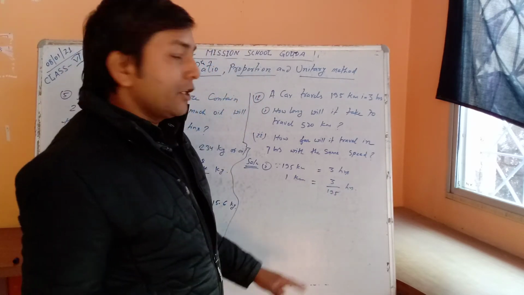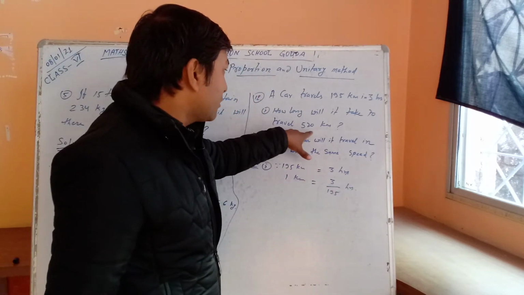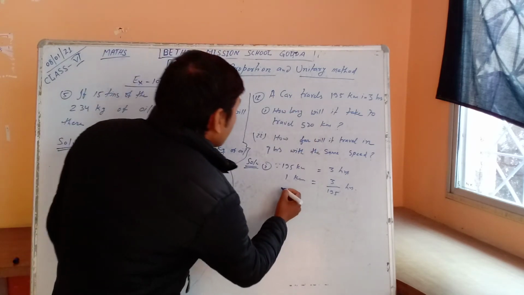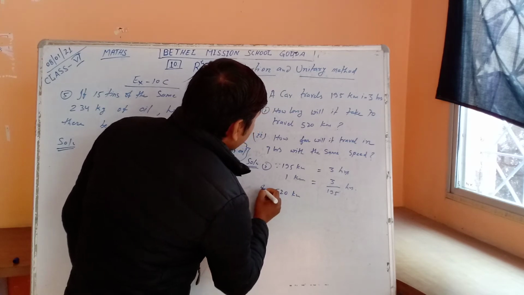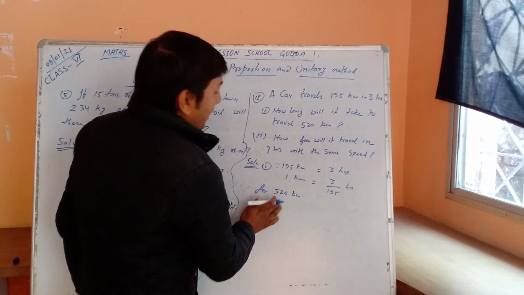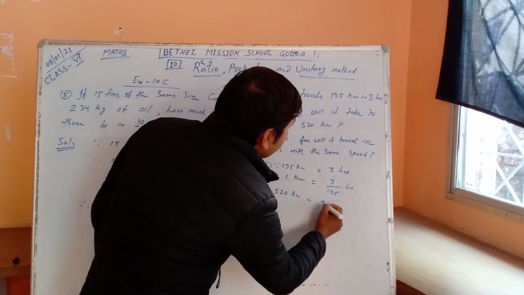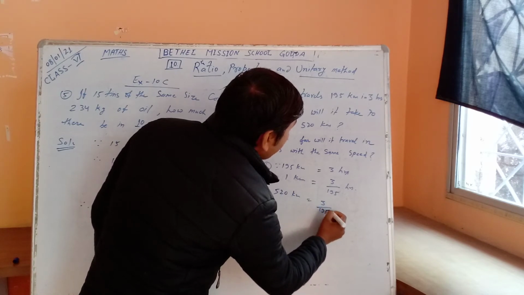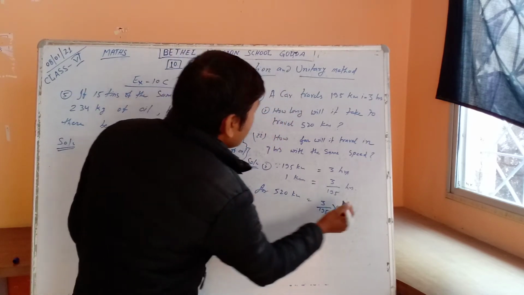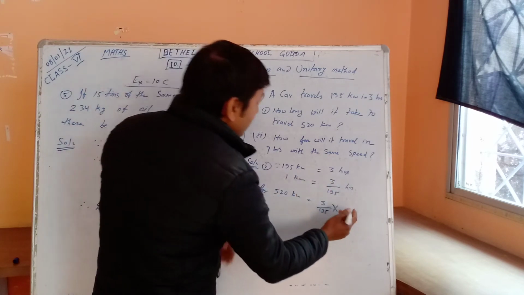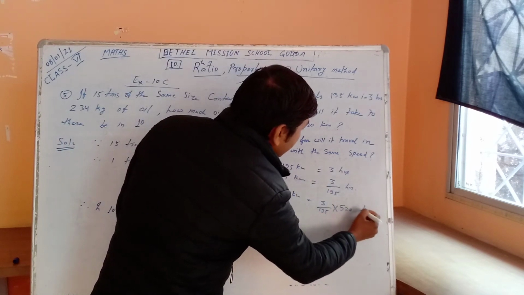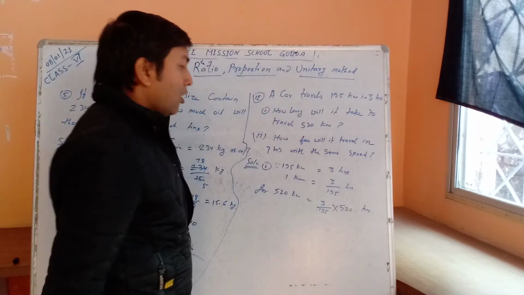And you have to find 520 kilometers, so 520 kilometers takes 3 upon 195 into 520 hours.